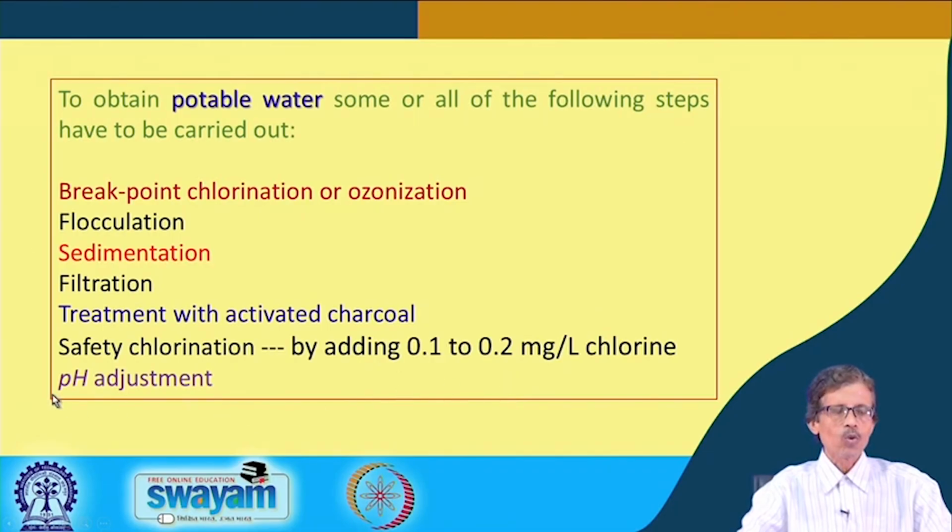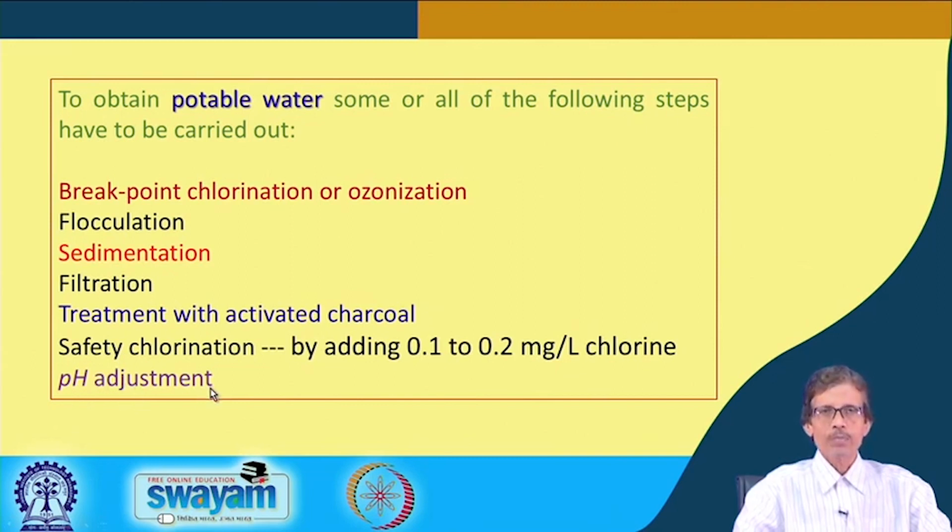Then we can finally go for pH adjustment, because for all these industrially important reactions, such as with a catalyst or some solute, the water should be at neutral pH, that means in the range of pH 7.